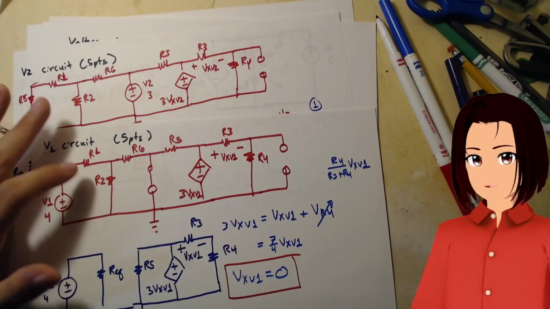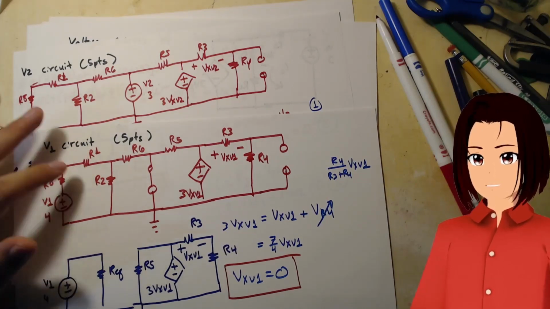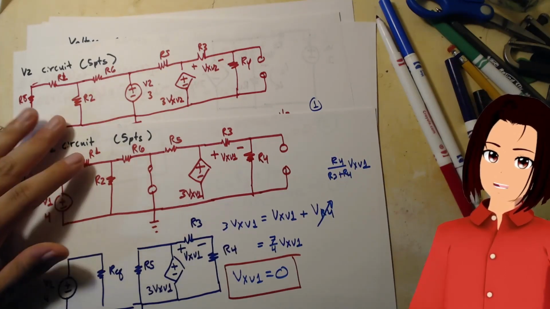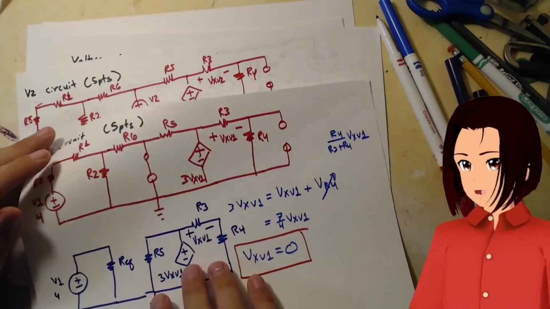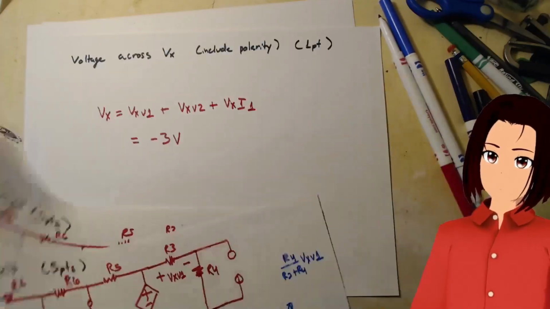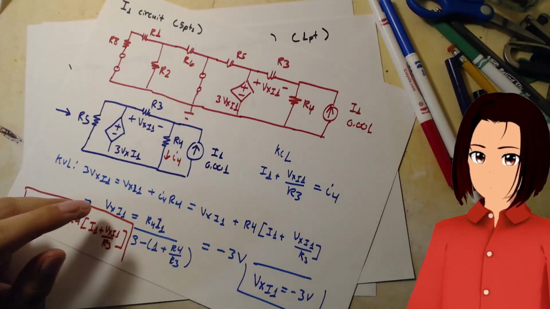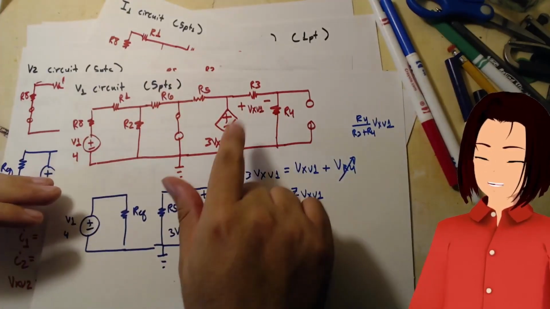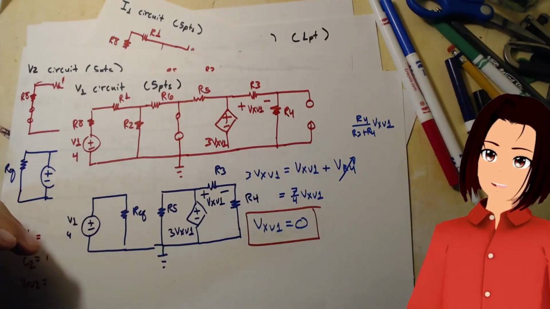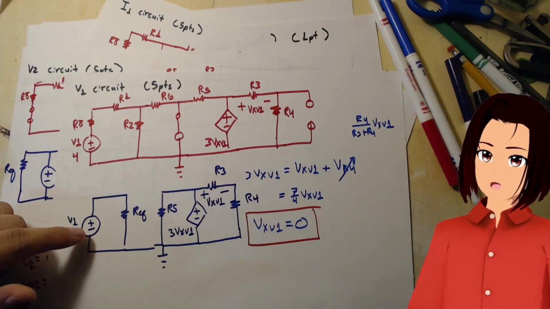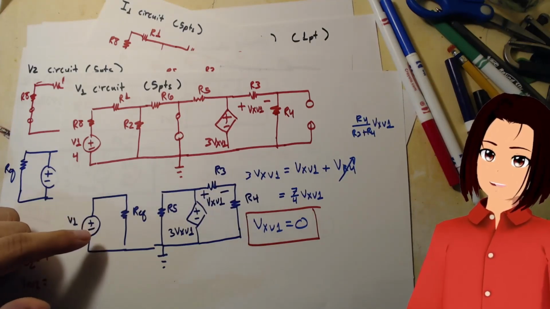Because you spend like 2 minutes figuring out, oh, that's what's happening here, and then you spend the rest of the time solving for the last circuit. So if you could see that right away, this problem actually is not that long. But if you want to make sure, yeah, it's going to be a little bit longer.